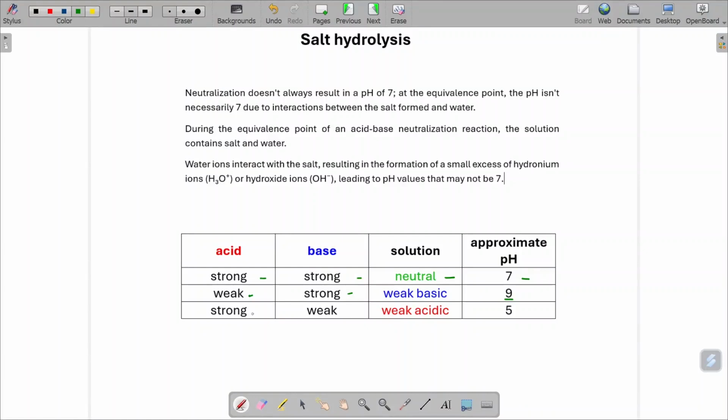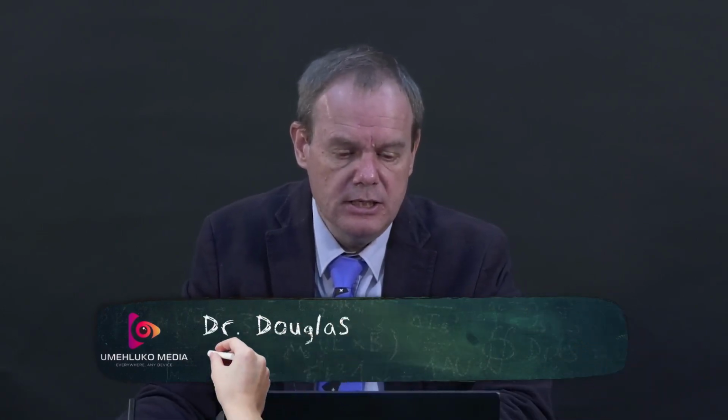On the other hand, if we have a strong acid and a weak base, this will make our final solution acidic, with a pH of less than 7. So remember that at this equivalence point, only salt and water are in the reaction as products because we have used up all our acid and our base at that point.